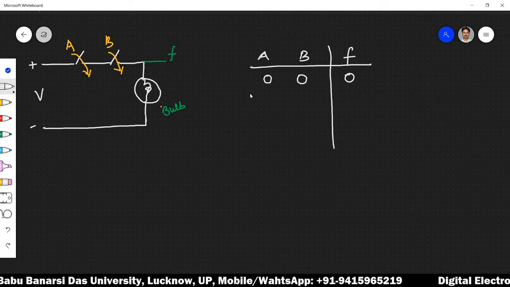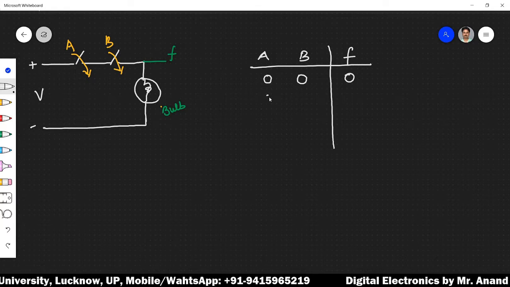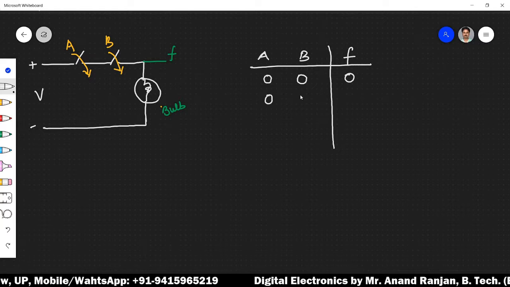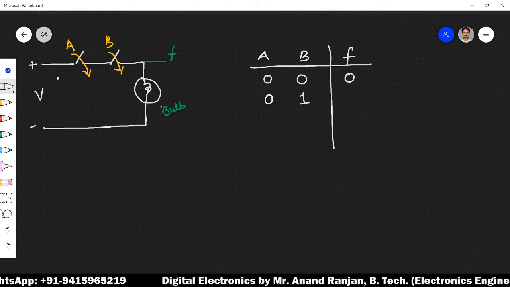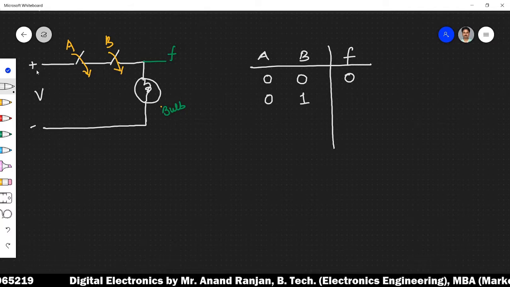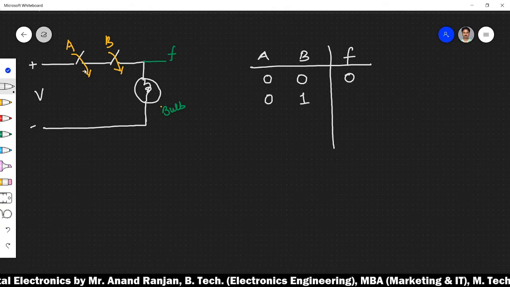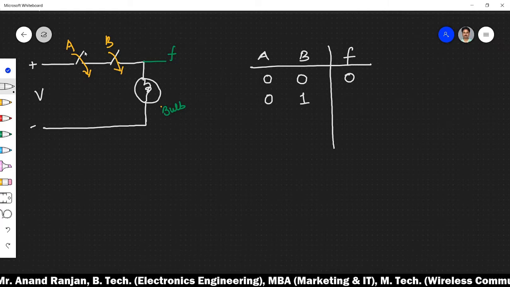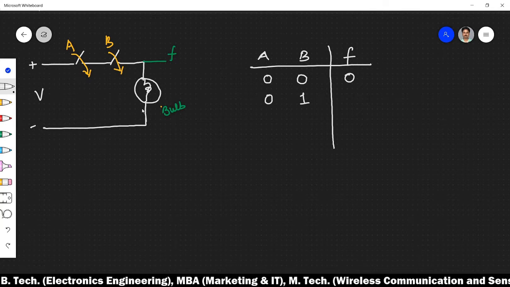What happens if we keep switch A open, and we close switch B, with closing of switch B represented by 1? Then of course this path is closed, but there is an open circuit which is not able to let the current flow through this bulb.